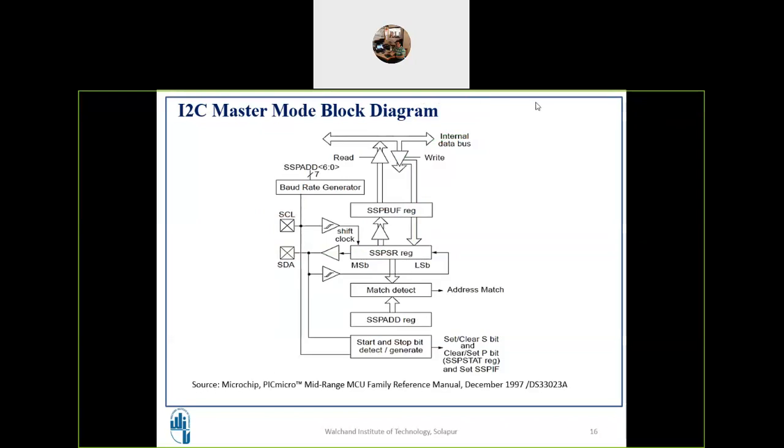So the master will send some address that it wants to communicate with, let us say C. The address of C will be available in the SSPSR register. Already, the C device's SSP address register will have the same address.